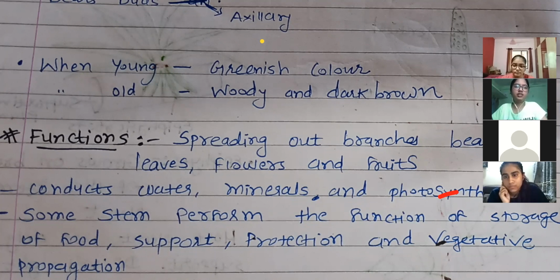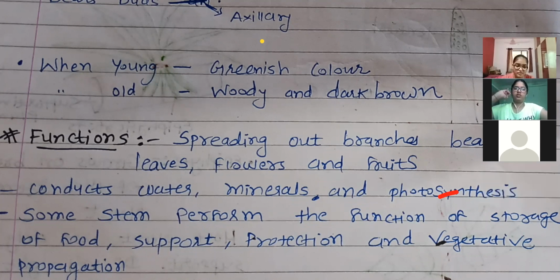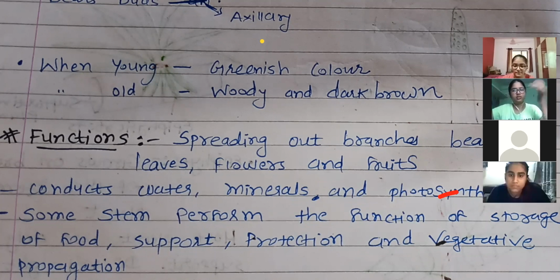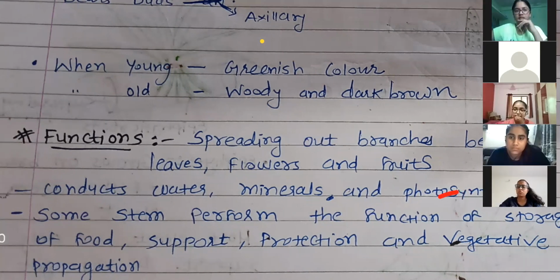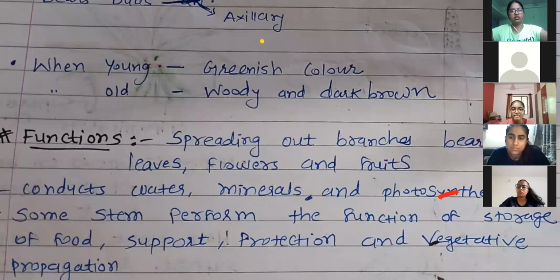From this axillary bud, which structure arises on the stem? Jia? From the axillary bud, which thing is formed? Ma'am, leaf. Sorry, new branches. New branches. Yes, correct. From the axillary bud, branches are formed, right? Next, good. Next, the functions.